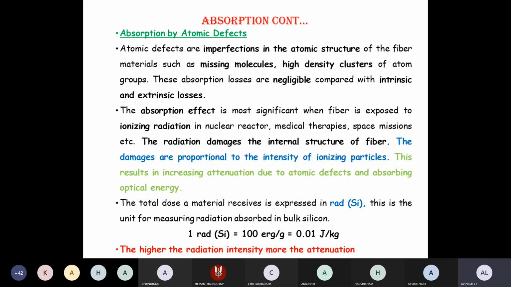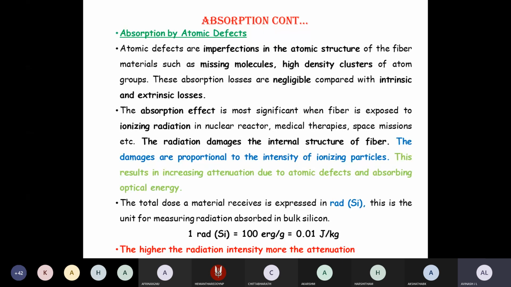Sometimes in one part of the structure we are preparing, there are some high density clusters. So atomic defects are imperfections in the atomic structure, such as missing molecules and high density clusters.